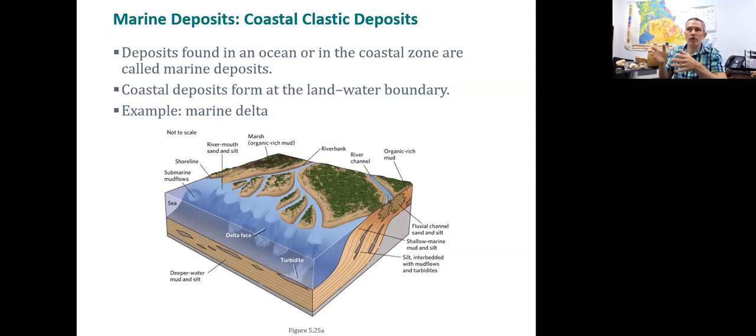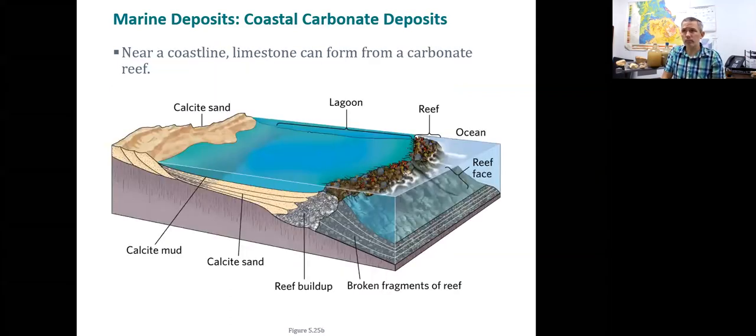The stuff near shore is going to be more larger grains like sands and in some cases gravels. As you get further away from the river, you're going to end up with silts and clays. And if you had warm, shallow, clear marine waters, you can start to create these carbonate reefs, these limestone deposits.